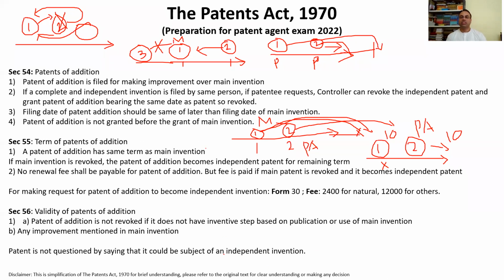A patent is not questioned by saying that it could be the subject of an independent patent. What it means is that if I have converted my independent invention into a patent of addition for the first one, a third party or anyone cannot argue why I have done so, saying it should be an independent patent, not a patent of addition.